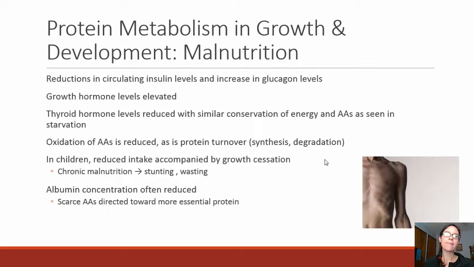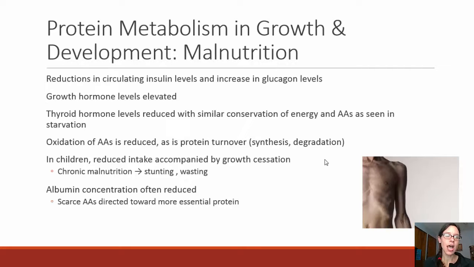Now, at this same time, thyroid hormone levels are reduced with a similar conservation of energy and amino acids as seen in starvation, because this is starvation. Maybe these individuals are getting some food every day, but if you look at the big picture, they're getting such an inadequate amount that it is considered a form of starvation.